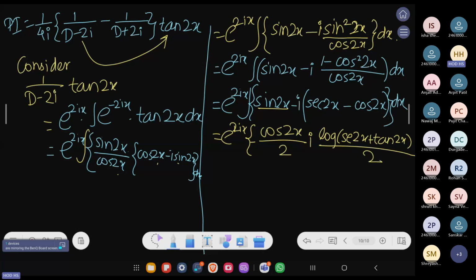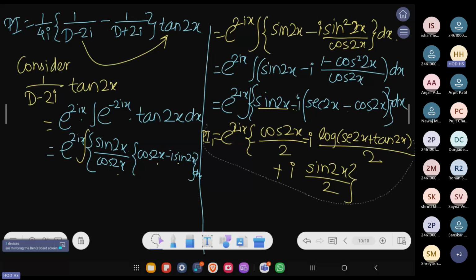Notice that there is a negative sign here, and this negative will become positive, and i times cos 2x, the integration of cos 2x is i times sin 2x by 2. Okay. So this is what I will call PI1, because this is not the complete particular integral, but one part of my particular integral.